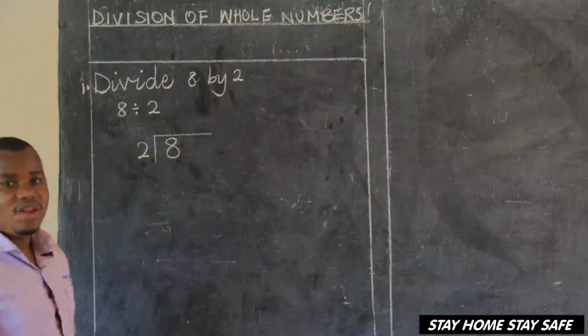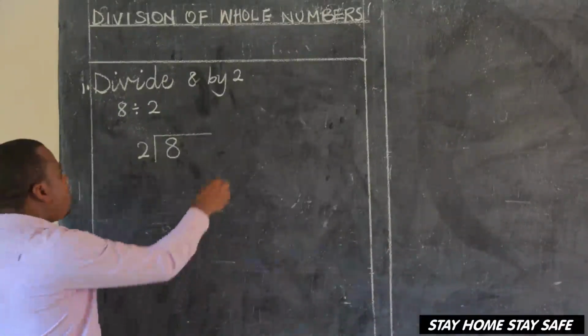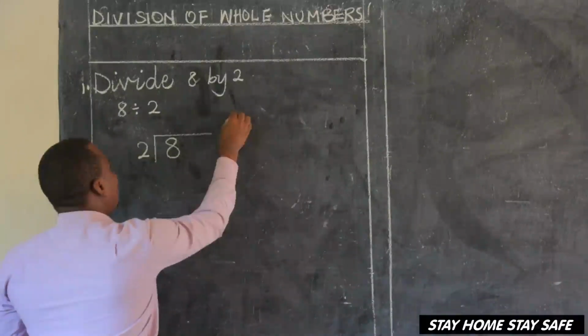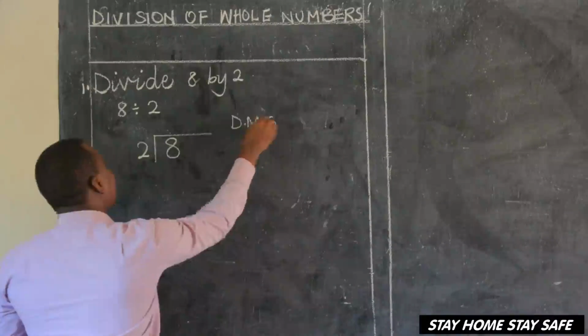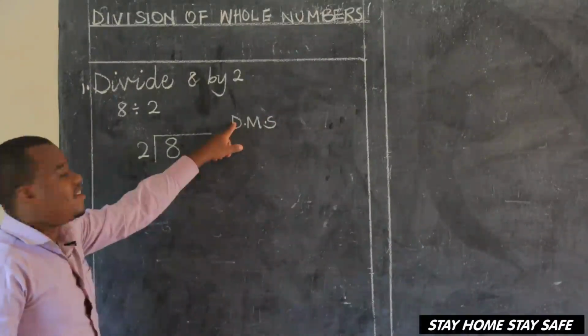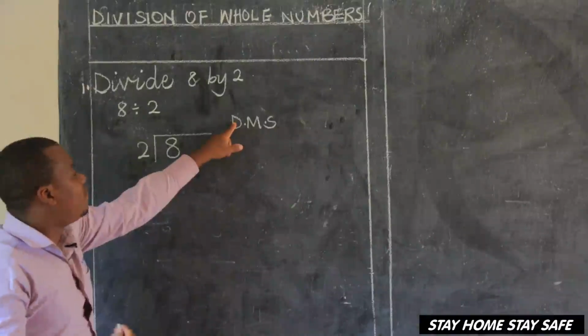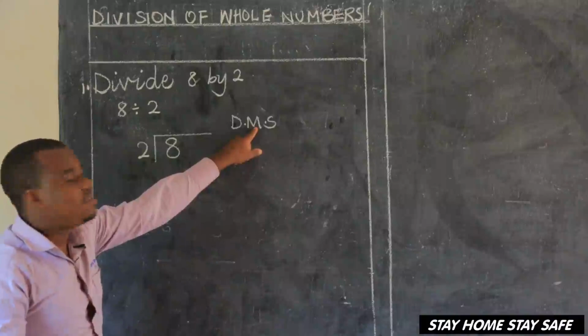And how do we divide, my children? When we are dividing, we are going to follow this rule here called DMS. So D first, we are going to divide. Then what do we do after dividing? We multiply. Then what do we do after multiplying?